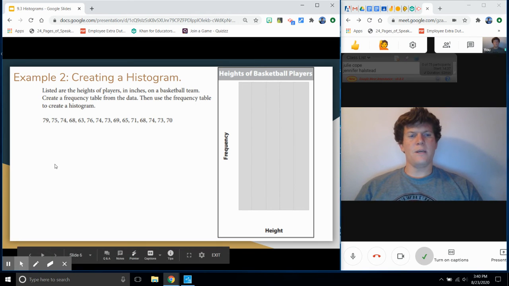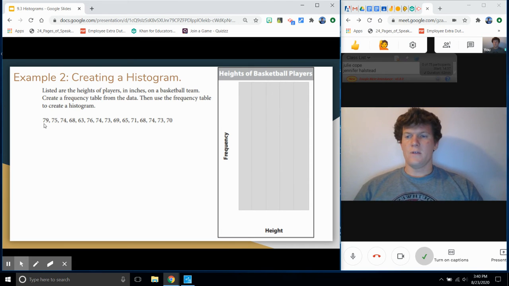So let's look at the biggest and smallest and see how we can divide this into 4 or 5 different groups. 79 is pretty big. 63 is pretty small. I don't see anything bigger than 79. I don't see anything smaller than 63. So we're going to use those two.